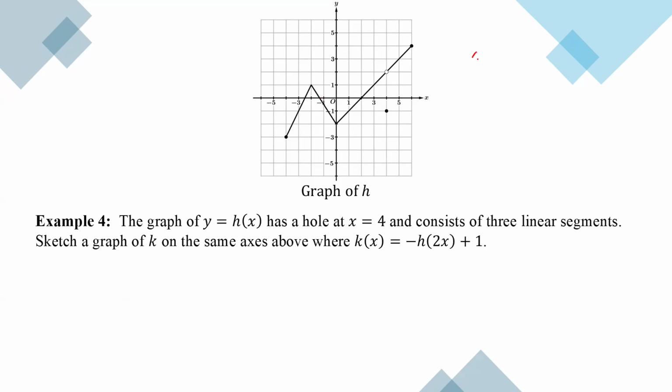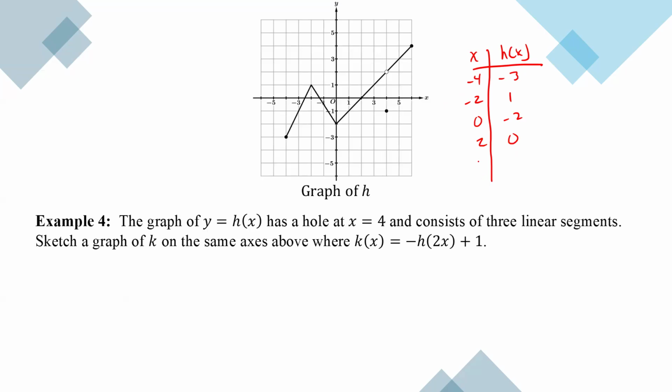So currently, and this is called h of x, we are at -4, -3. Is that correct? We're at -2, 1. We're at 0, -2. We're at 2, 0.